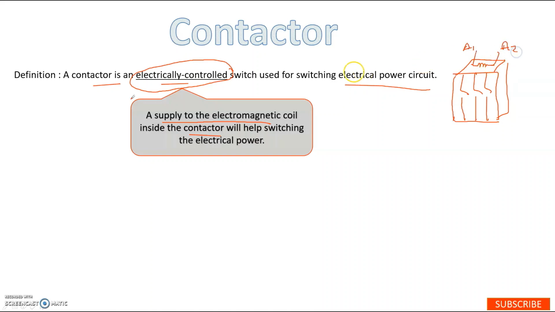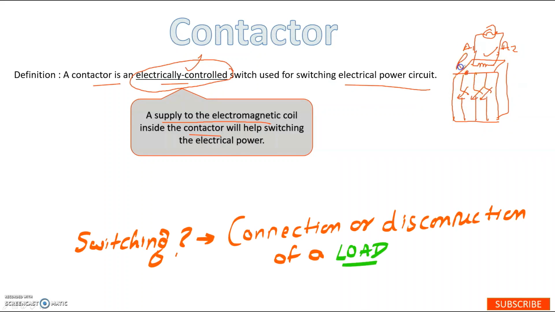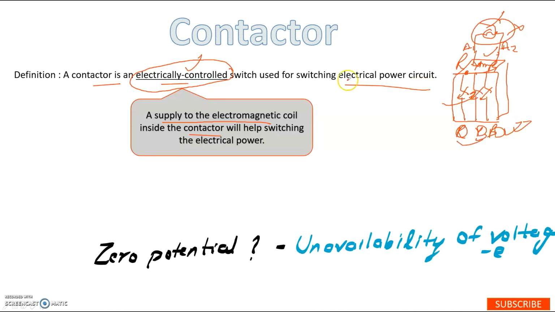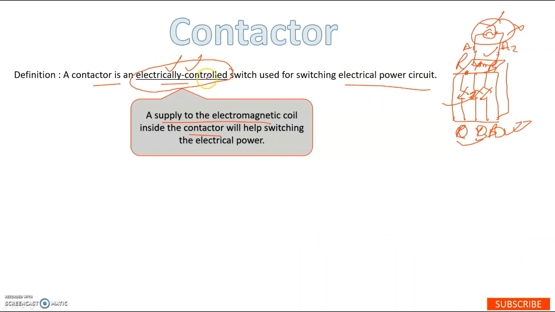According to the definition, electrically controlled means as soon as I supply an electrical voltage to this A1 and A2 coil, these normally open contacts are going to close and the switching will happen. Means if I have connected the phases R, Y and B here, as soon as this supply is made, these R, Y, B can be obtained here, and in case the supply fails, this will again open and a zero potential could be obtained here, right? So this is basically what electrically controlled means.